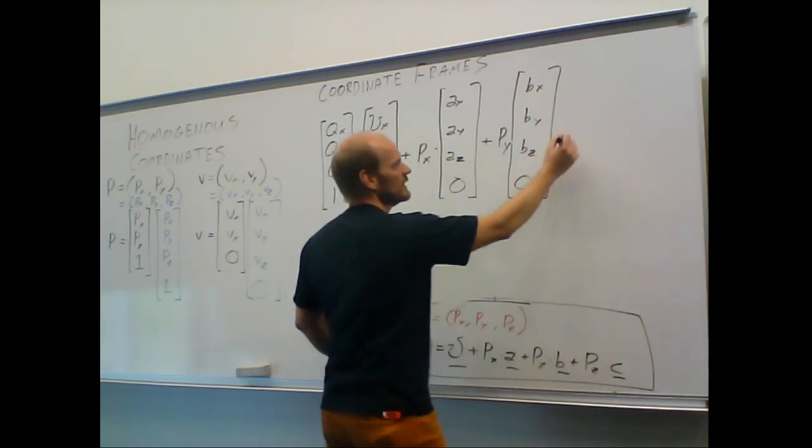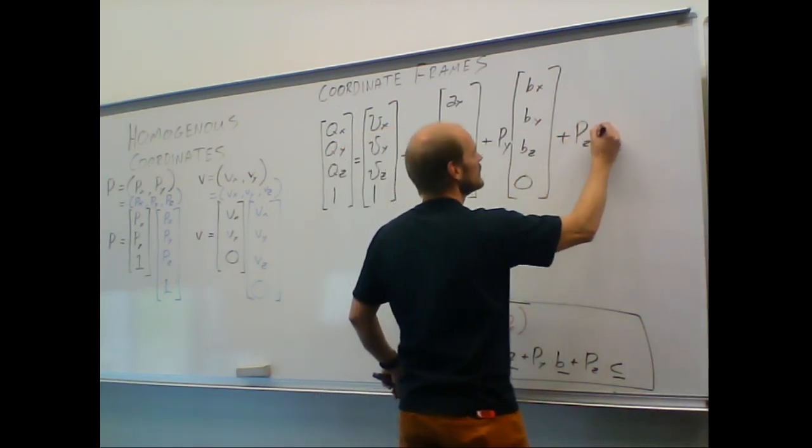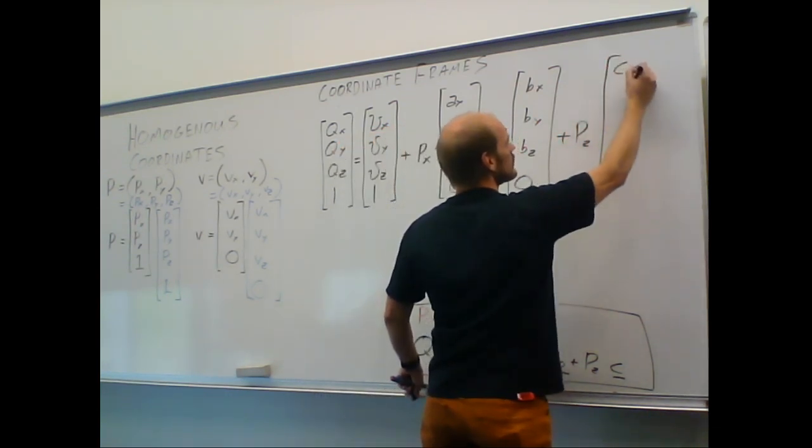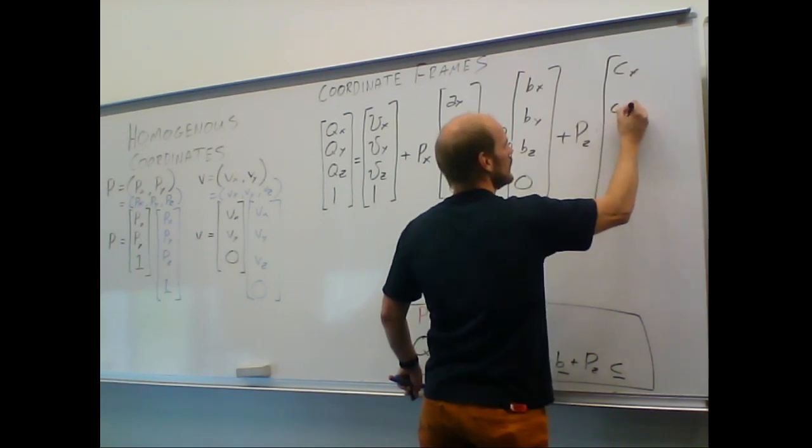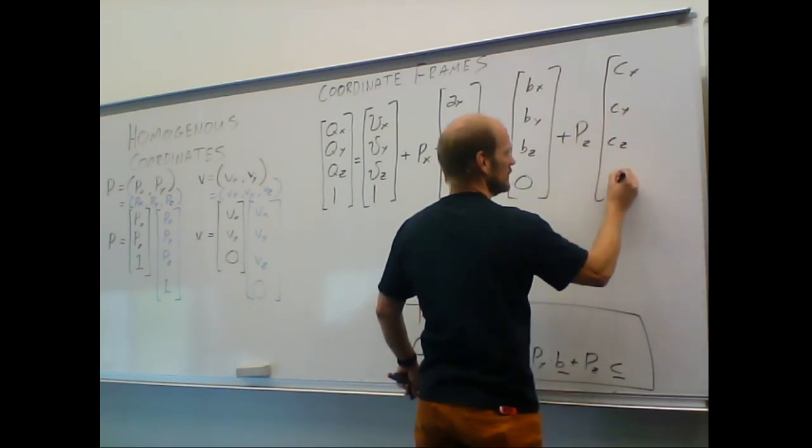So this is the vector B, plus Pz times the vector Cx, Cy, Cz, 0.